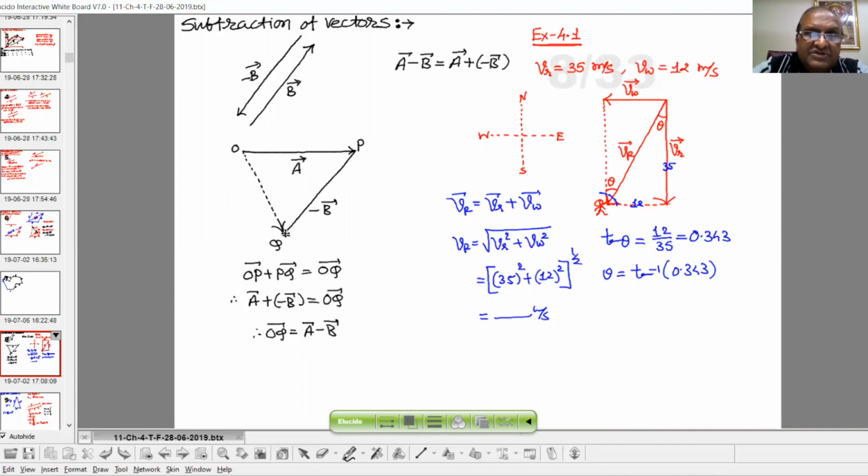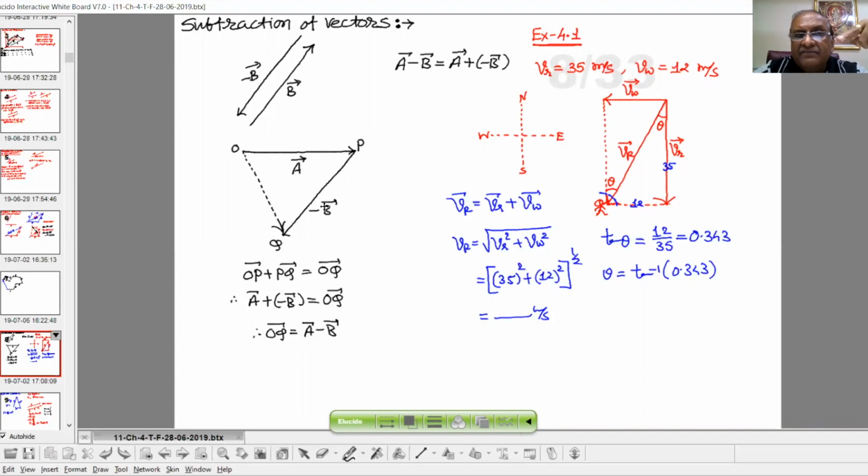Now as per the summation rule, the vector joining the tail of the first one, that is O, and the head of the second one, that is Q, will give you the summation of these two vectors. So we can write vector OP plus vector PQ is equal to vector OQ. But vector OP is what?